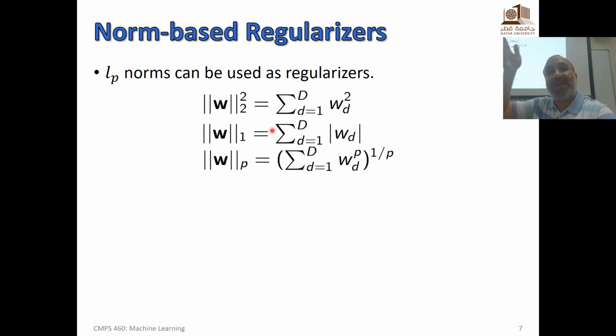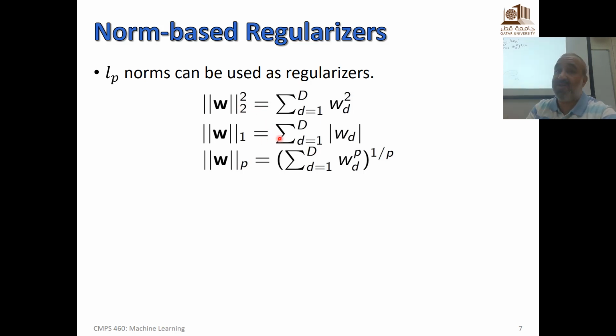So instead of squaring the weights, we'll just add them. Also minimizing this function will indicate that many of them will be small, right? So that's also another possible regularizer. So this is called L2 norm, this is called L1 norm.